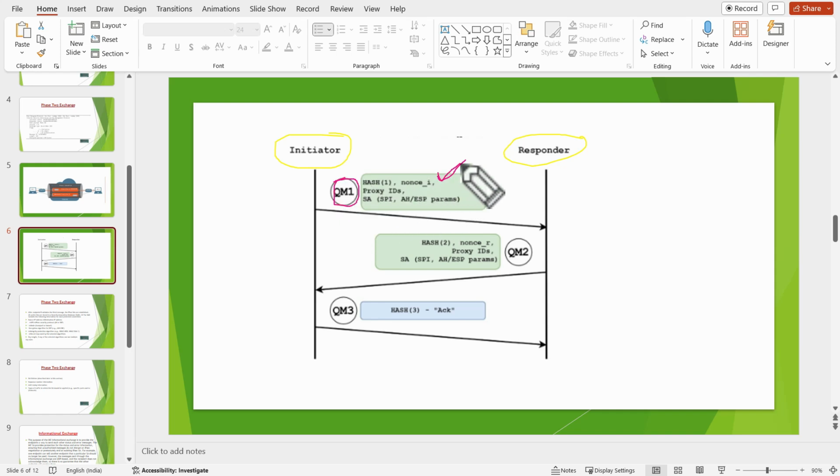They will send the hash value, proxy ID, which means the interesting traffic, the local LAN addresses of both sides, which we know as interesting traffic, and the SA and SPI parameters. Then the responder will send the hash, nonce, proxy ID and SA, and perform the authentication. This message will be sent to the initiator, and the initiator will again acknowledge the hash. If the hash matches, and authentication matches, then this tunnel will stabilize and phase 2 will work.